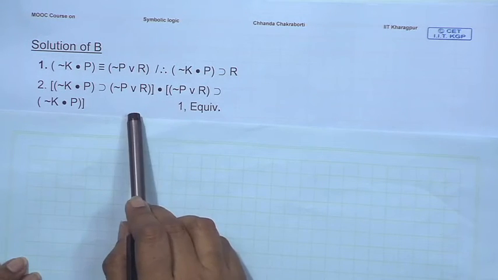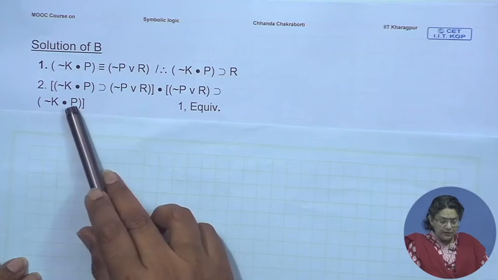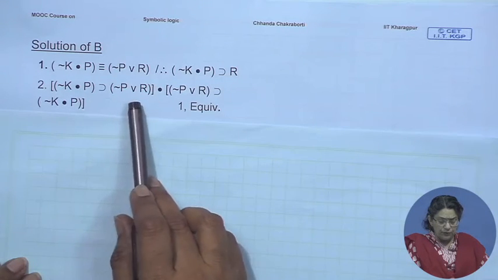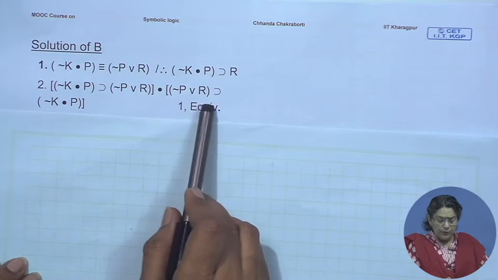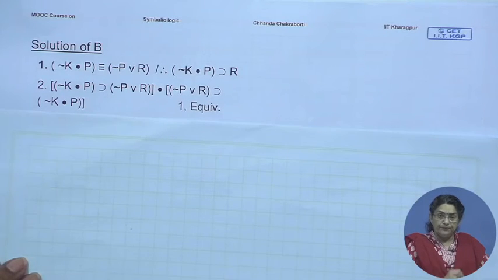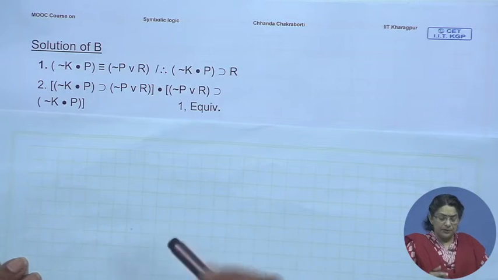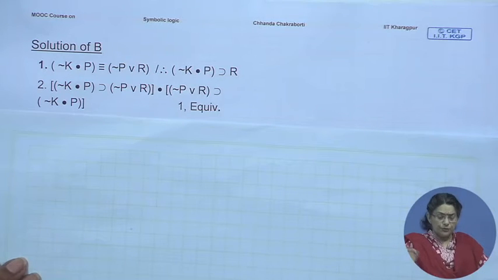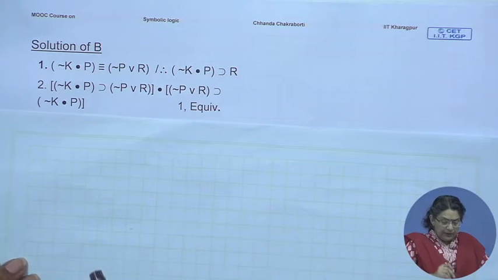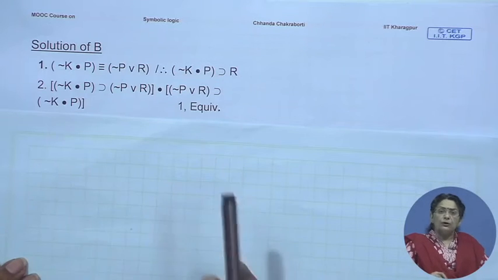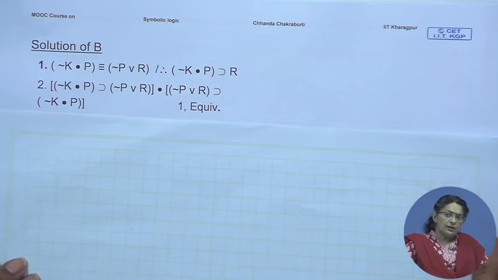If you look into this, the horseshoe here is not k dot p, horseshoe not p or r, and then this is not p or r, horseshoe not k and p. Right? This is what p dot p horseshoe q and q horseshoe p. The point is, this looks long, and are these all relevant for our proof?